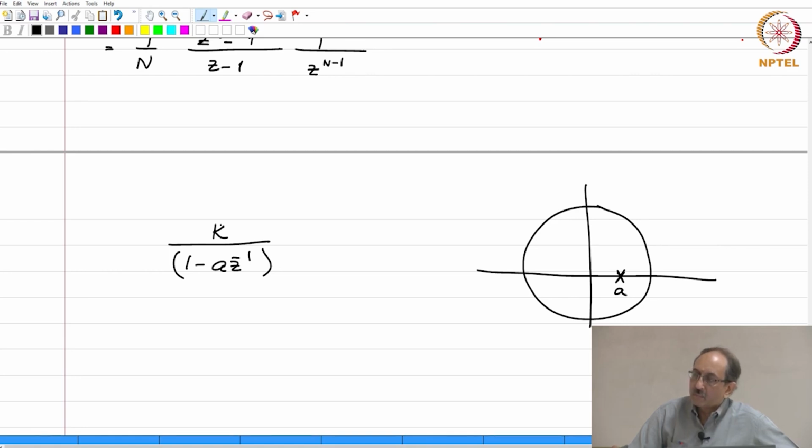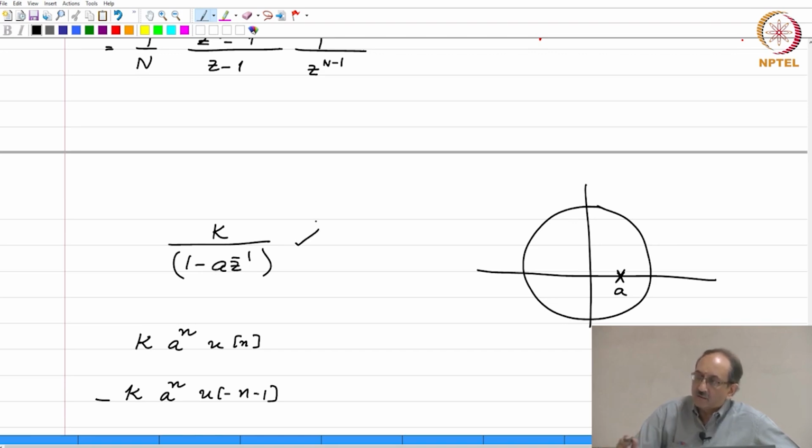And depending upon the region of convergence, whether the region of convergence is mod z less than a or mod z greater than a, the inverse transform corresponding to this will either be of the form k times a to the n u of n if the ROC is mod z greater than mod a, or it will have the form k times a to the n u of minus n minus 1 if the ROC is mod z less than mod a.